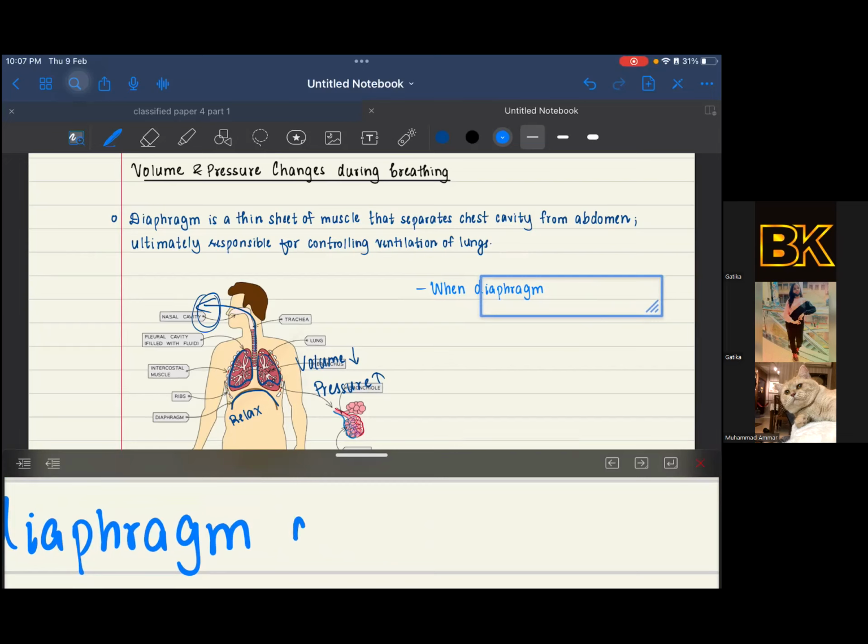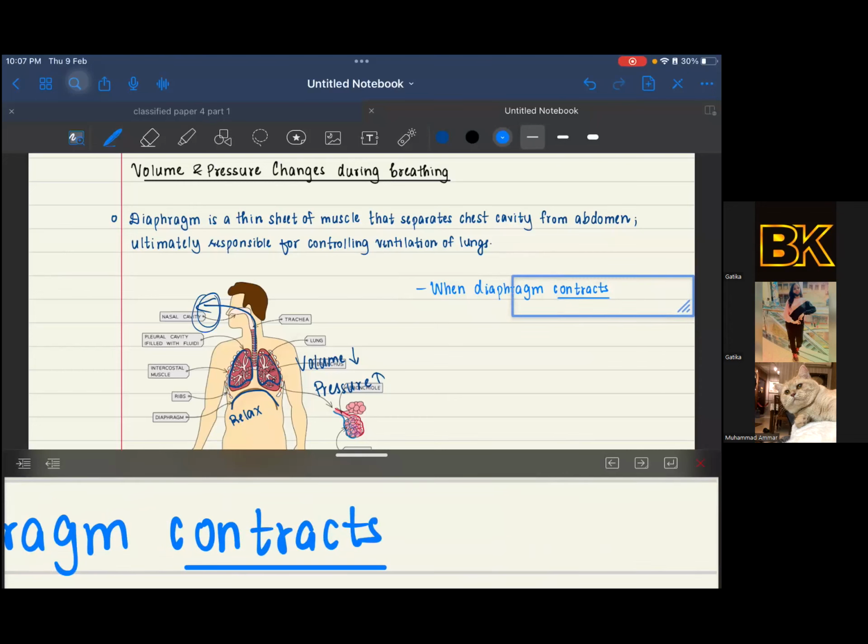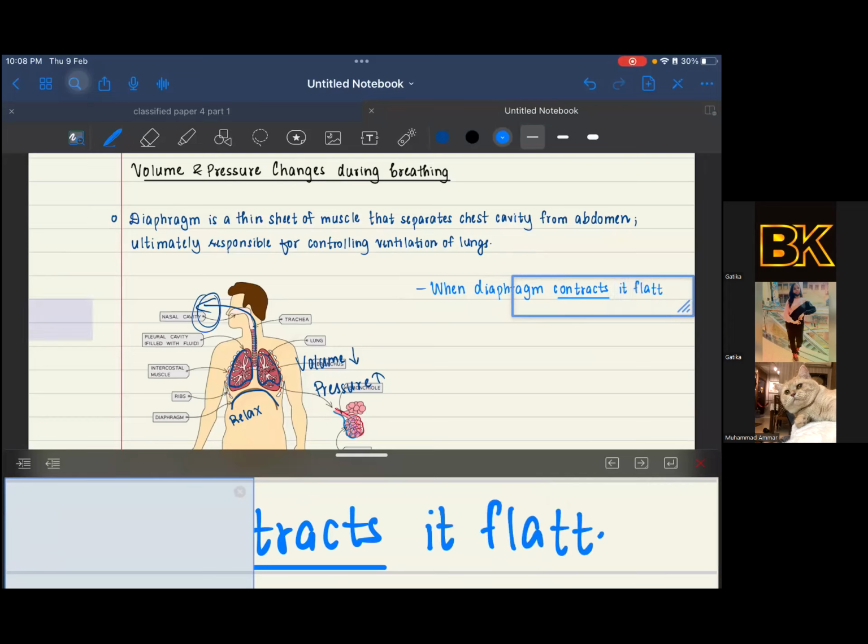Very important. When the diaphragm contracts, I'm talking about its flat shape, it flattens.